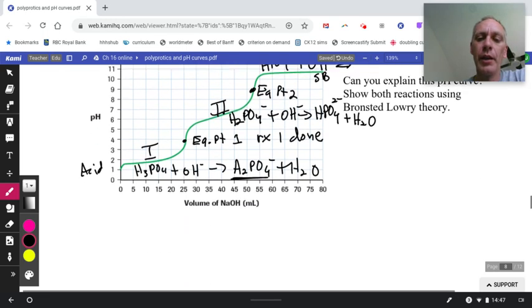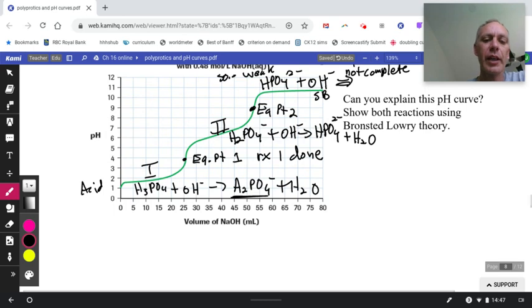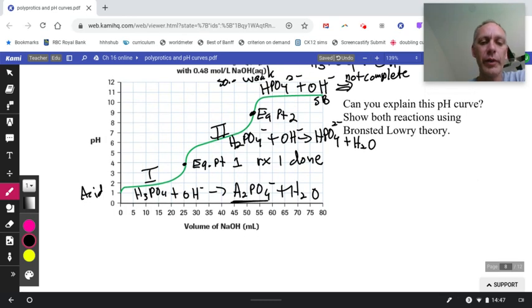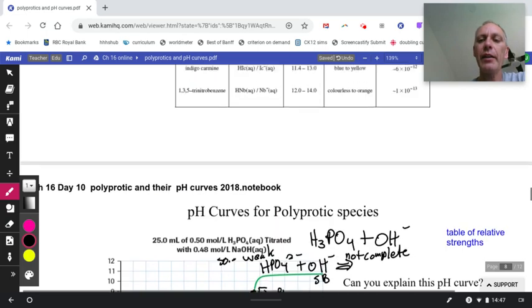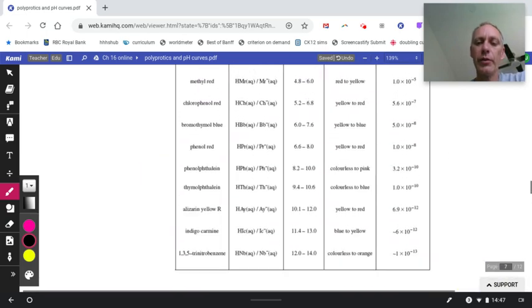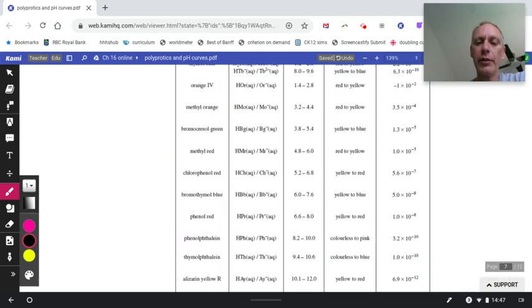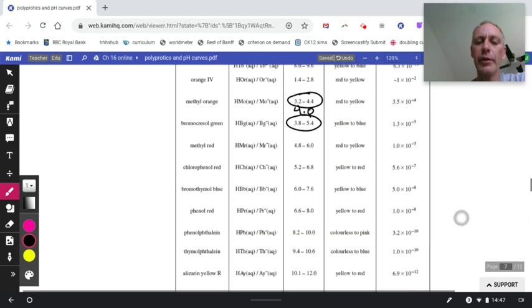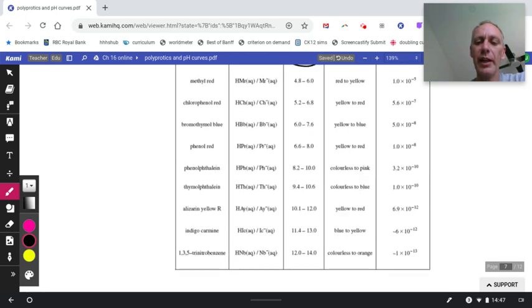Okay. You could pick an indicator for either one of those equivalence points. So the first one is at 4 and the second one is close to 9. So knowing that, you could go to your curve and this would be a great indicator, 3.8 to 5.4, 3.2 to 4.4. Both of those change color with that 4 in the middle somewhere. And then the second one was 9.